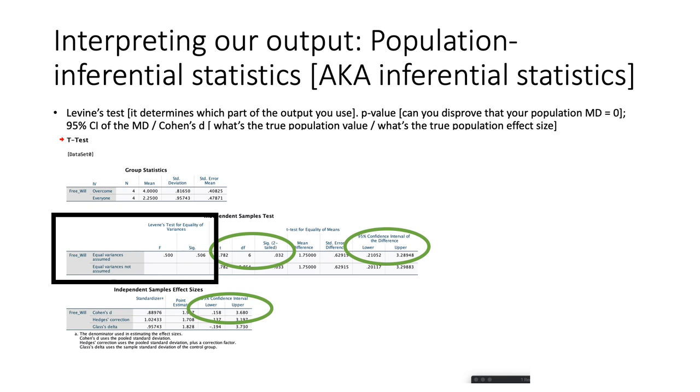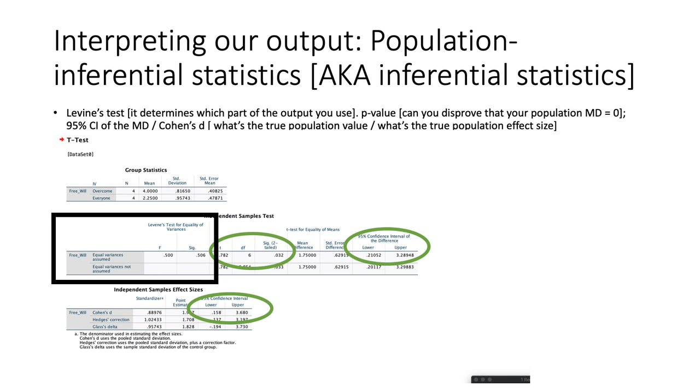That suggests that we have not disproven that our two population standard deviations are different from each other. If this p-value in the black box was less than 0.05, then we would use the bottom row. Remember, standard deviation squared is variance. Our variances or standard deviations are significantly different from each other, so we cannot assume equal variances.